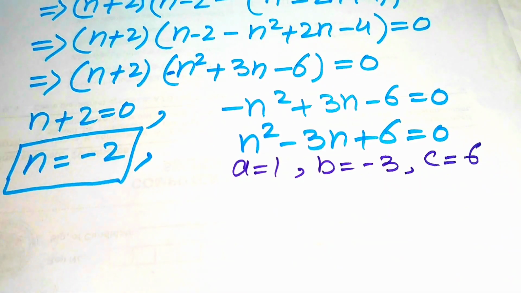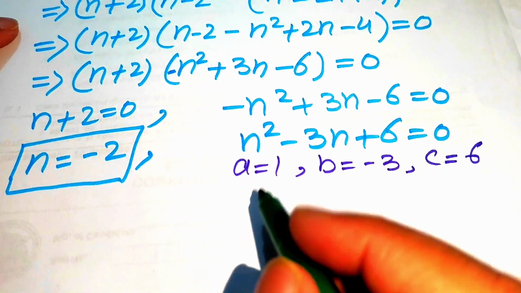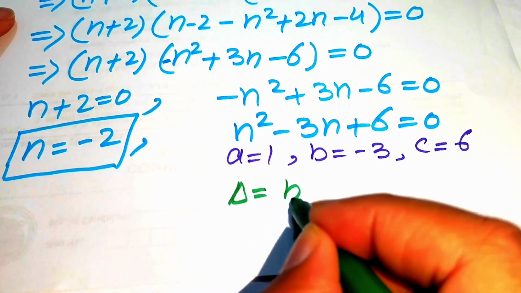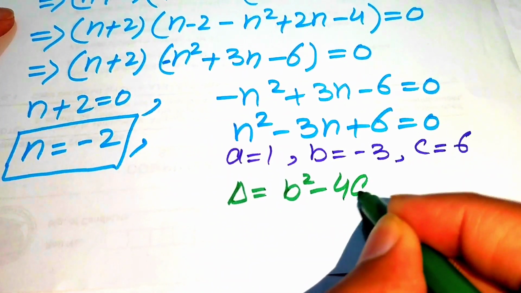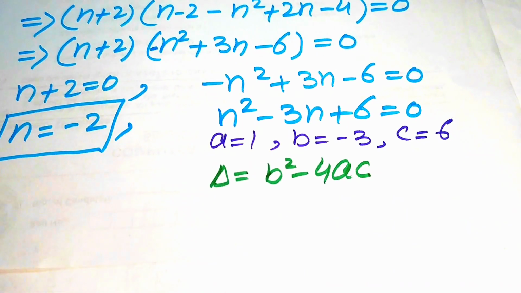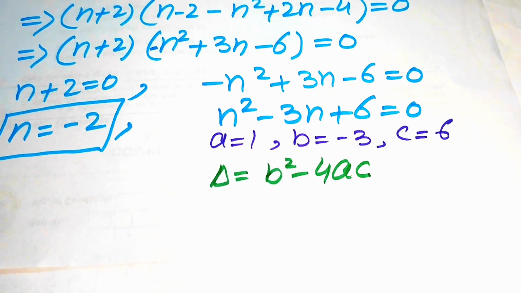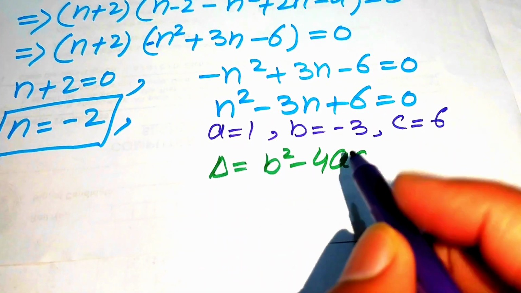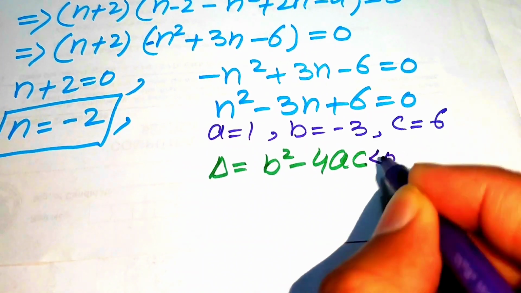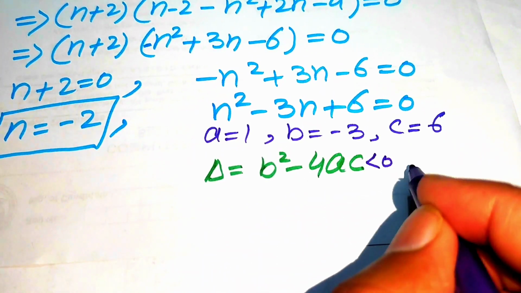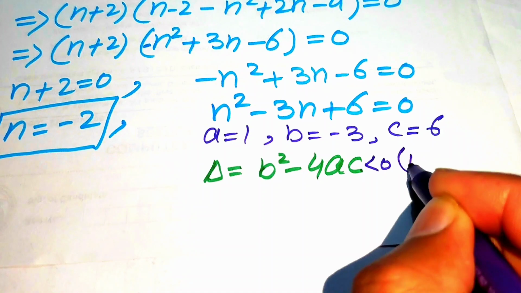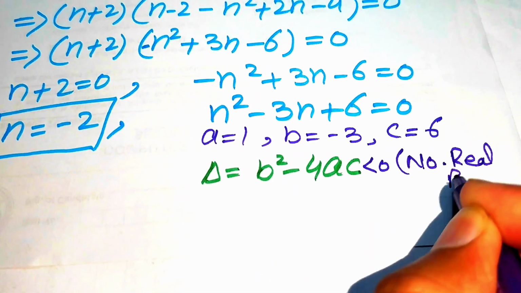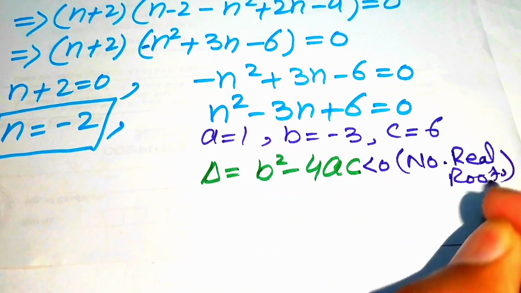The discriminant formula is written as delta equals b squared minus 4ac. Let me briefly explain this discriminant formula. If the value of delta is less than 0, it means that this quadratic equation has no real roots.